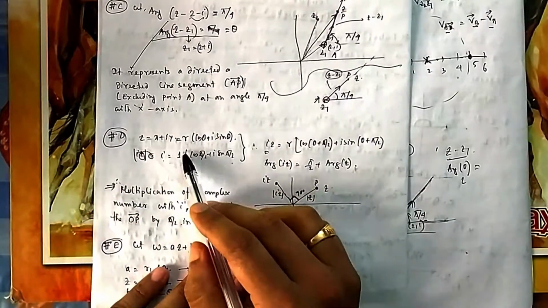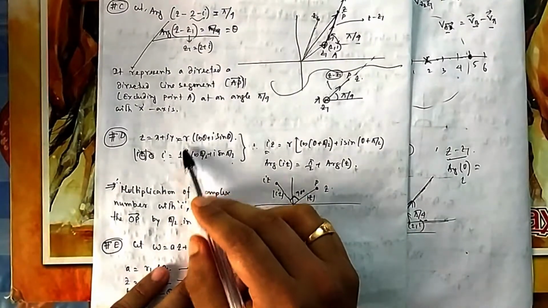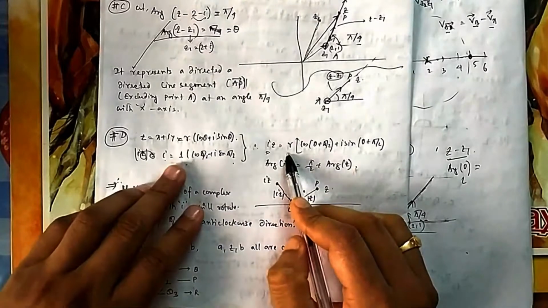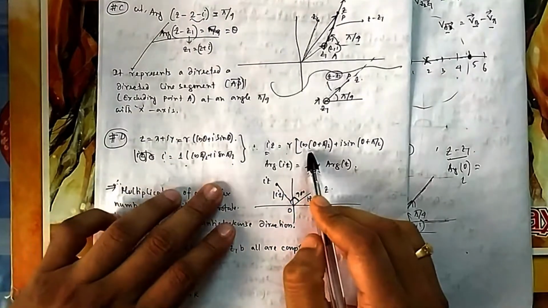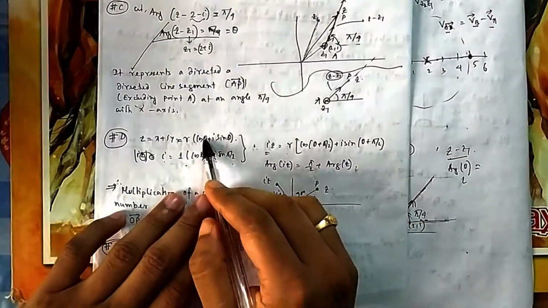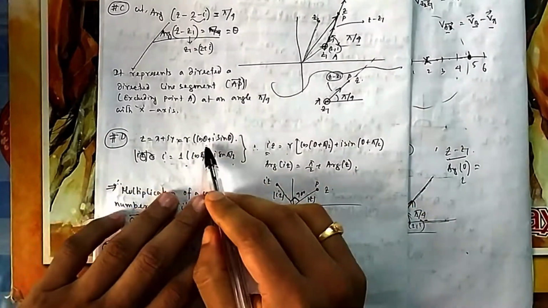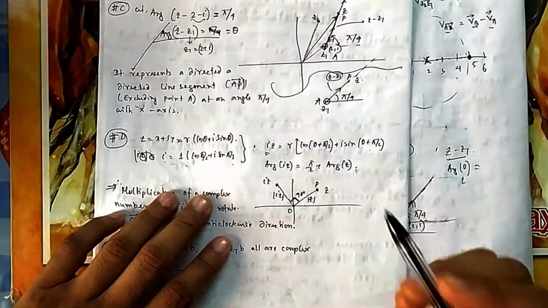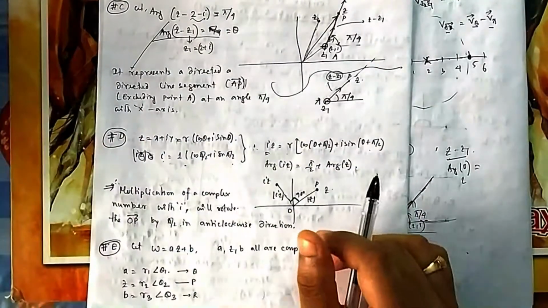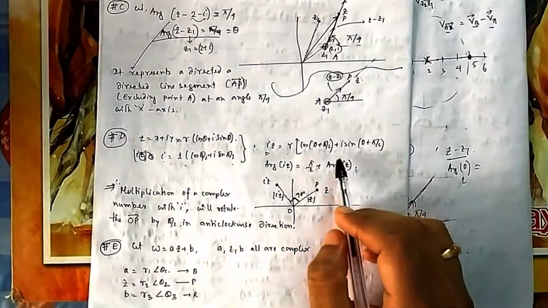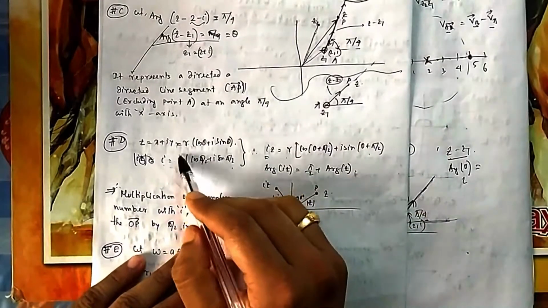Your moduli get multiplied, r into 1, and the arguments get added, so it will be theta plus pi by 2. This one we have explained: in multiplication, arguments get added and moduli get multiplied.